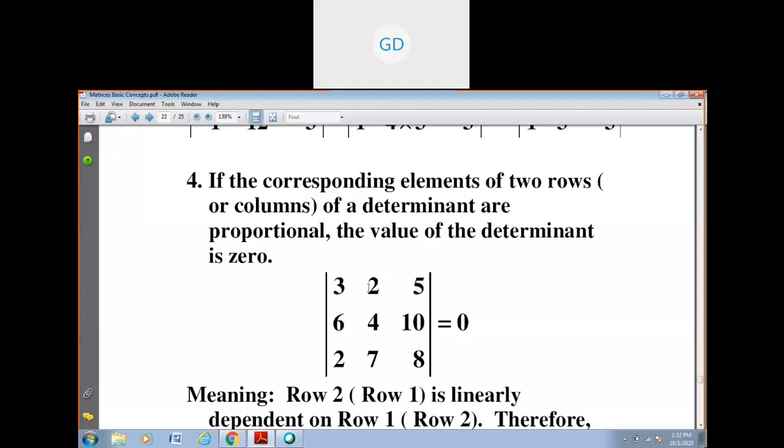That means the first row and second row are proportional. If any two rows or any two columns in a determinant are proportional, then its value is 0. Or simply you can think that if two rows or two columns are identical, having the same elements, then also the value is 0.